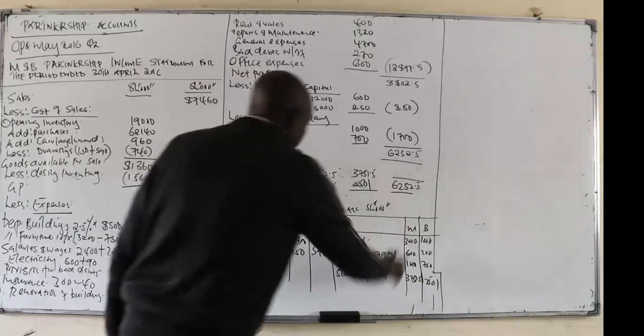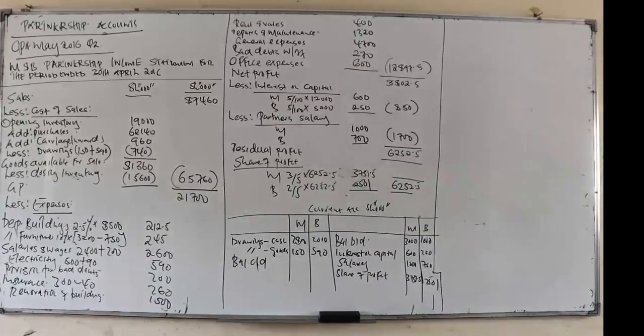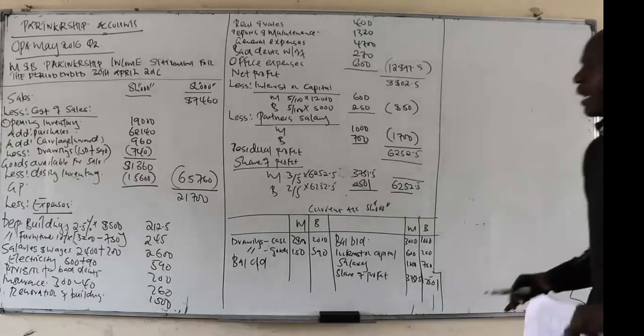You balance off this side, and then you subtract. So you balance this one, you add this one, and then you get the balance there.